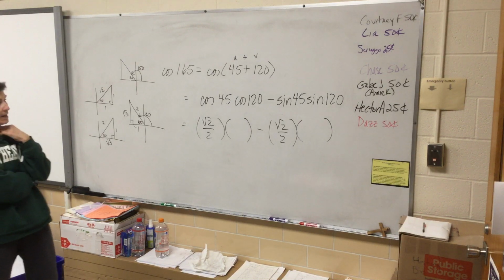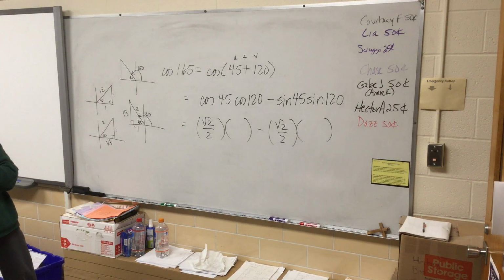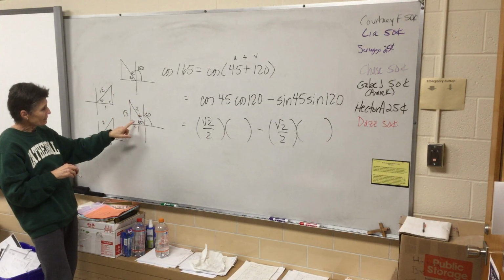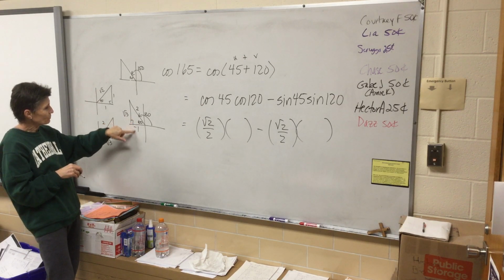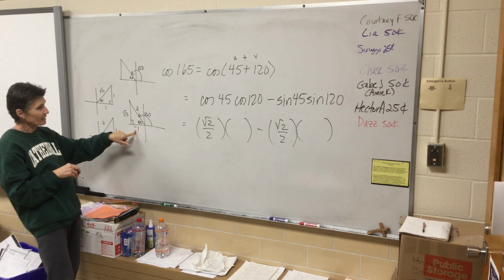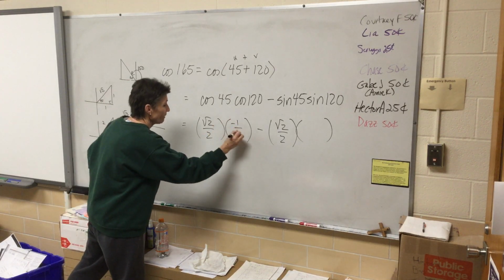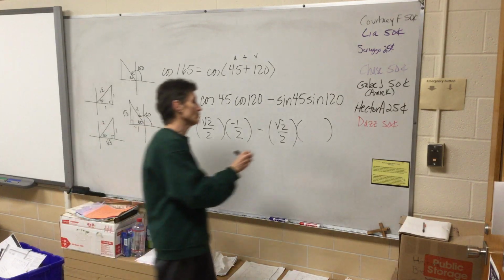The cosine and sine of 45 are root 2 over 2. Now, what about 120? Well, I drew 120. I got my 60 reference angle. Across from the 60 is root 3. I labeled the sides, put the negative on. So the cosine is negative 1/2. And the sine is root 3 over 2.